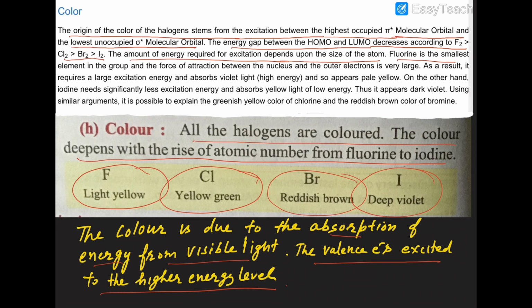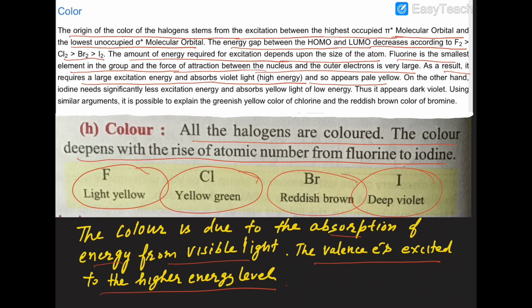Fluorine is the smallest element in the group, and the force of attraction between the nucleus and outermost electrons is very large. Its electrons are nearest to the nucleus, so they have the highest attraction for the nucleus. As a result, fluorine requires a very large excitation energy, and it absorbs high energy violet light.